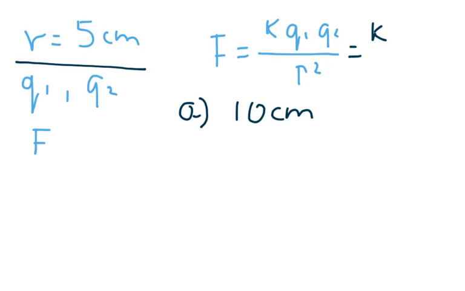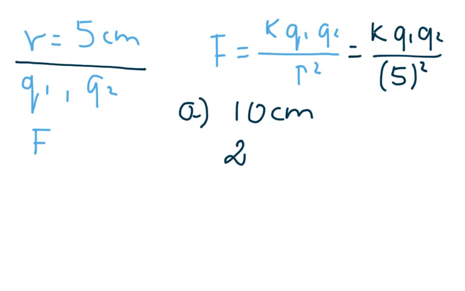So what we will have here is pretty much what they're telling us. We keep the 5, squared, right? So what are we going to do now? We have a distance of 5 centimeters, and now we have 10 centimeters. So how much did this increase? To get from 5 centimeters to 10 centimeters, we need to multiply by 2.